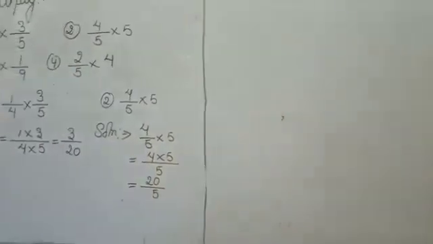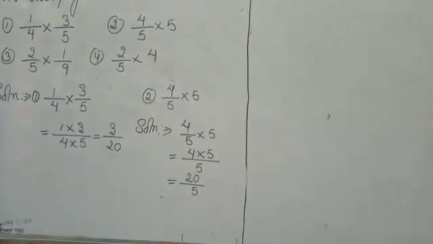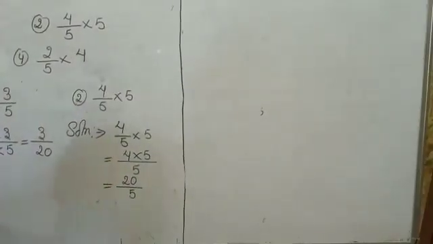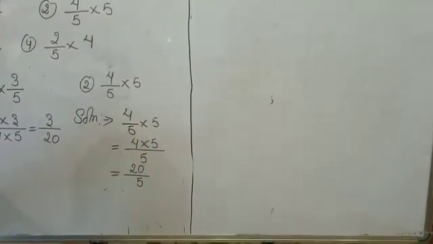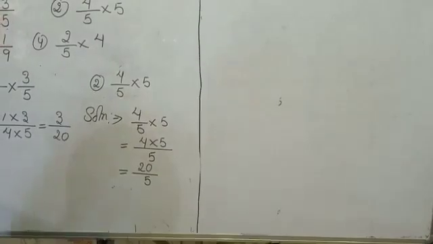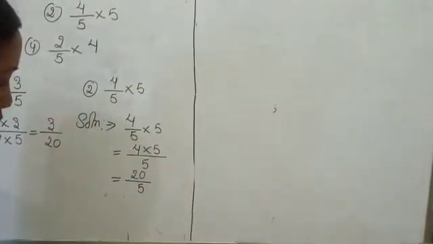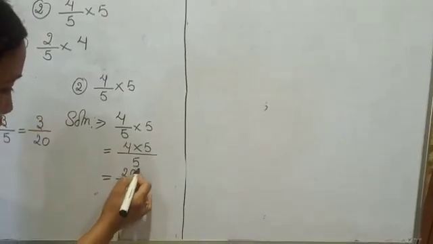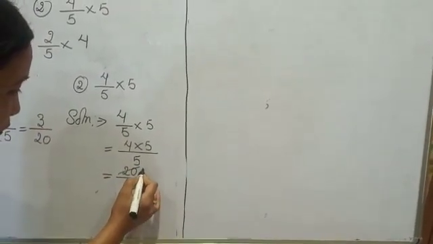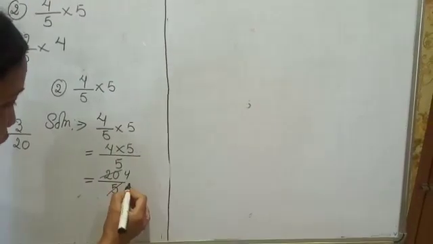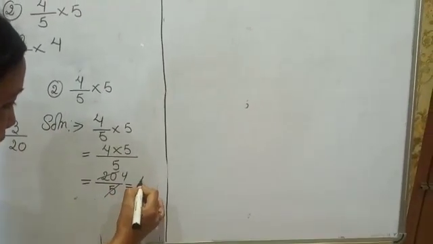Now we can reduce it to the lowest terms. Since the numerator is greater than the denominator, we can cut it by 5. 5 1s are 5, 5 4s are 20. So how much did we get here?